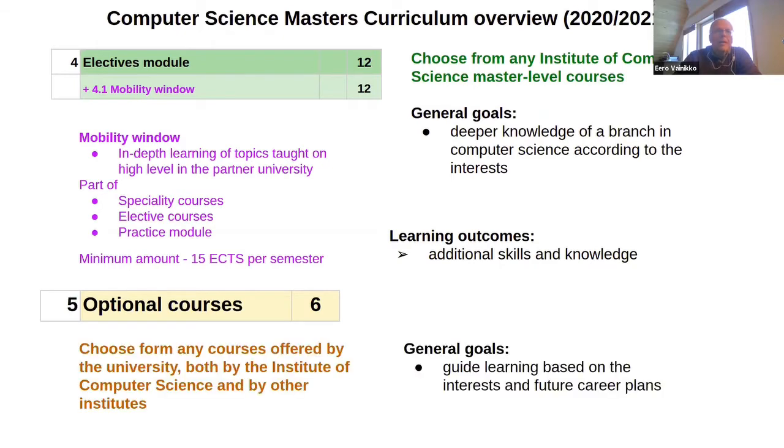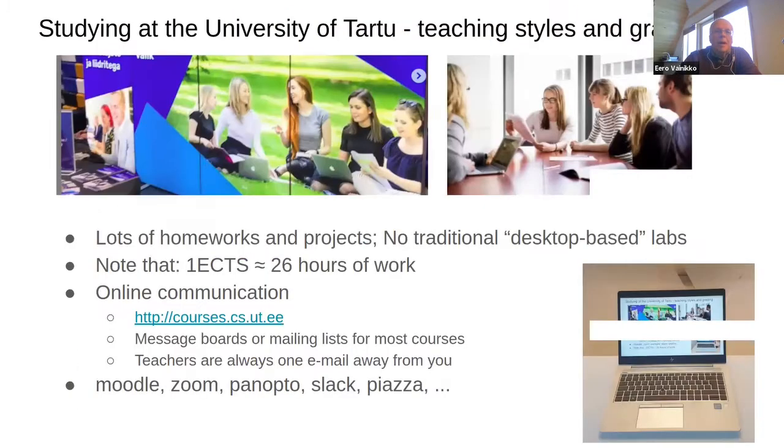And then I would go further a little bit about studying. What are the teaching styles and grading here? We have lots of homeworks and projects typically with all of the courses that are taught on master's level here. We do not have such very traditional desktop-based labs. Everything is done in normal lecture halls.